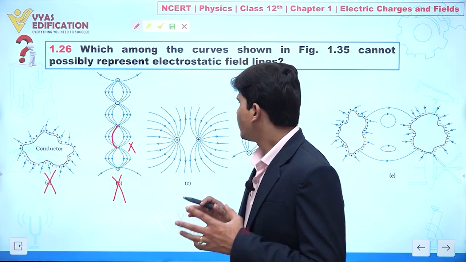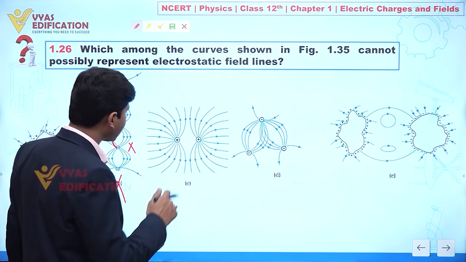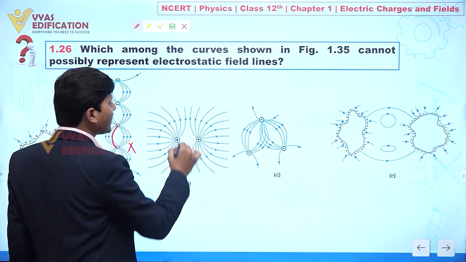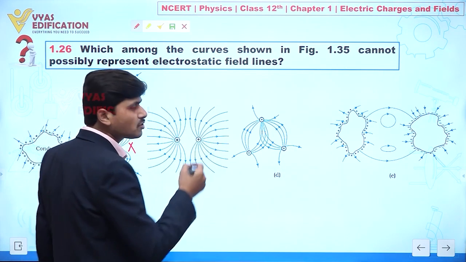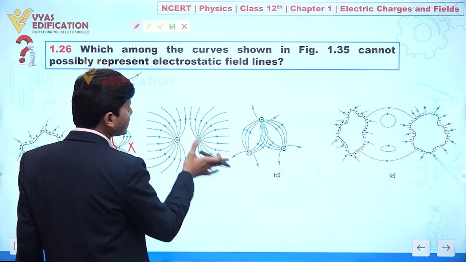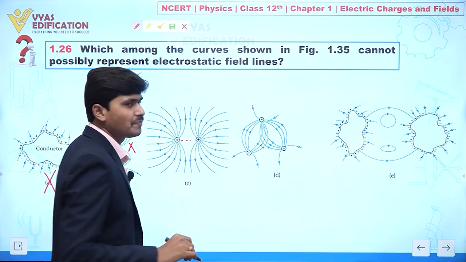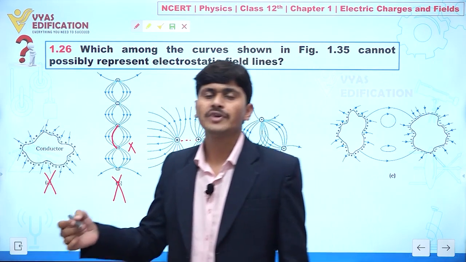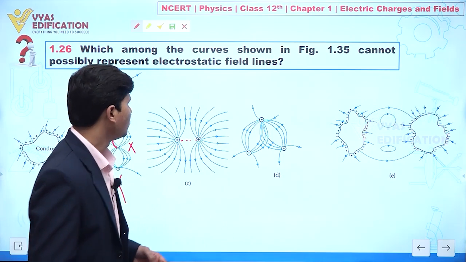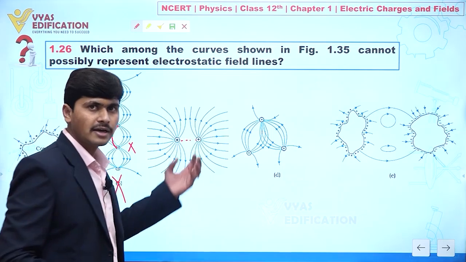Now if we concentrate on figure C, yes, from the positive charge electric field lines go in the outward direction, and here also we have a positive charge with field lines going outward. Between these two positive charges, if we calculate by some formula, we always find the electric field value is 0, so they repel in this region.